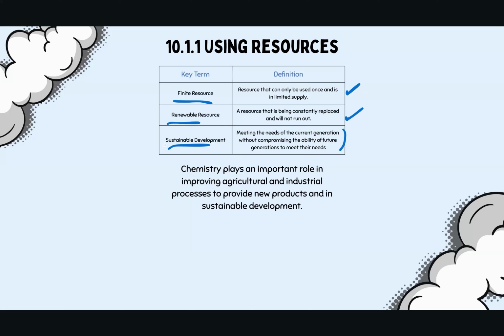So sustainable development is something that's really important and needs to be considered when any actions are taken right now, so that future generations aren't impacted. So chemistry plays an important role in improving agricultural and industrial processes to provide new products and in a sustainable manner.